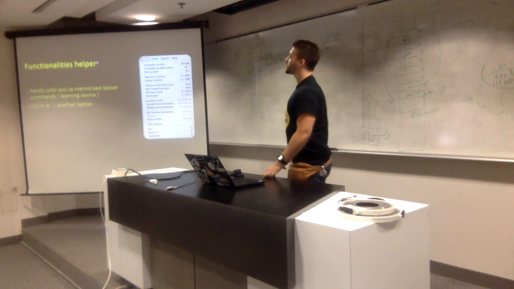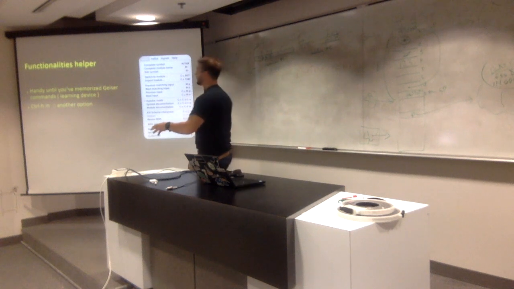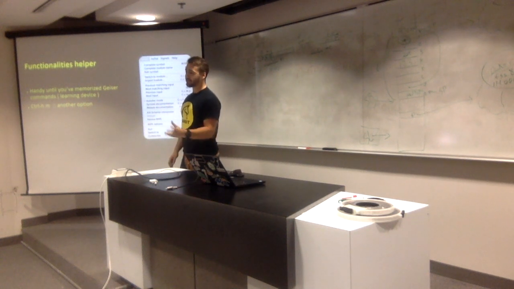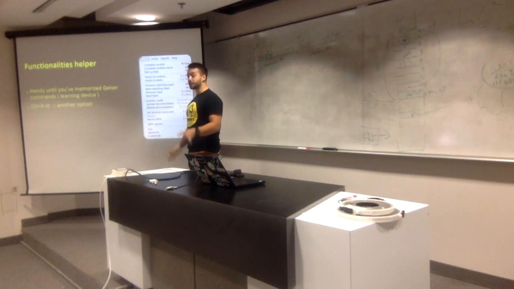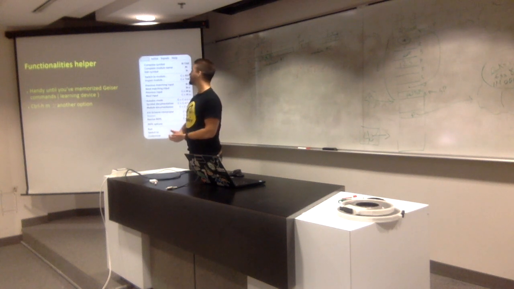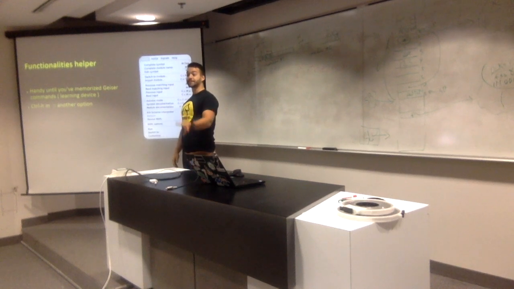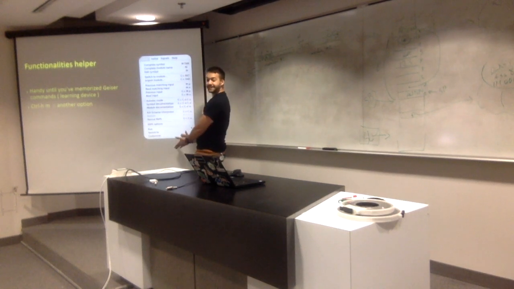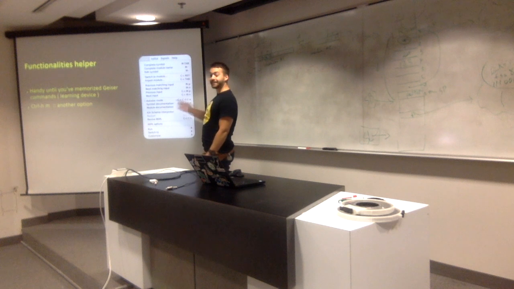Okay. Functionalities help. As you have seen, there are a lot of functionalities, right? But don't worry, you don't have to learn it all in your head instantly, because Emacs with Geyser gives you a great menu with links to the key bindings for you to learn at your own pace.